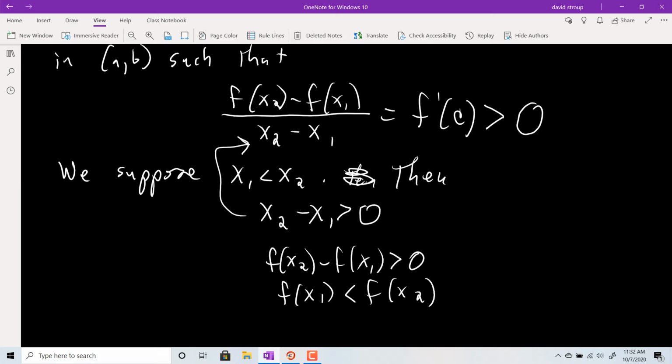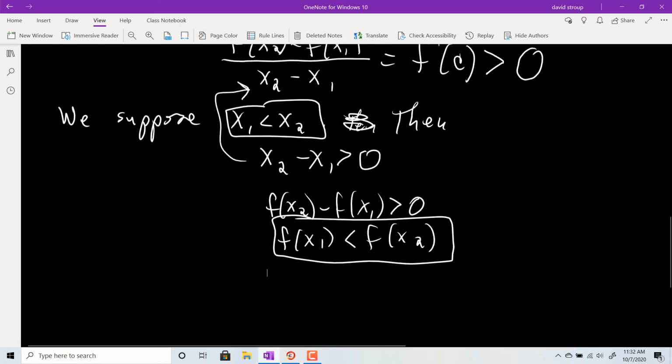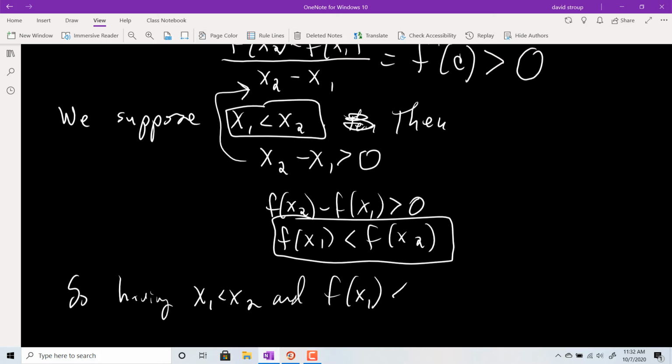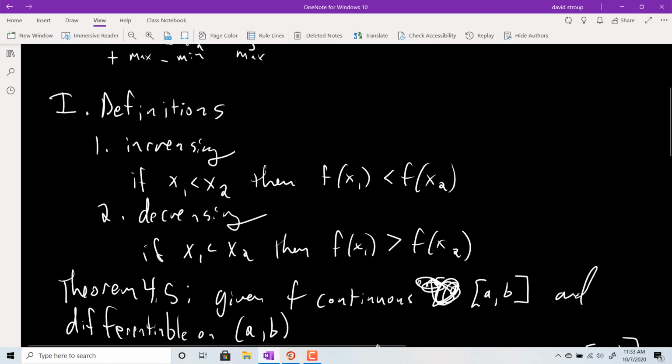So these two things together, having x1 less than x2 and f of x1 less than f of x2, implies, well, that's the definition of increasing from above, right? So x1 less than x2 and f of x1 less than f of x2 means it's increasing.